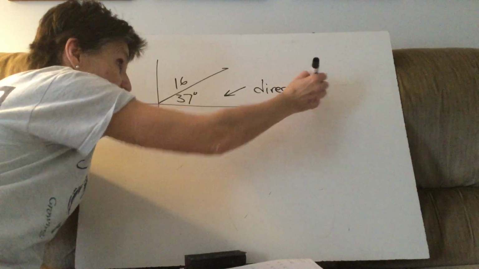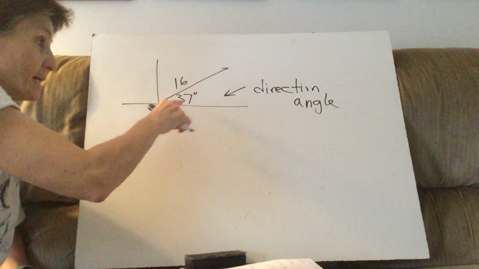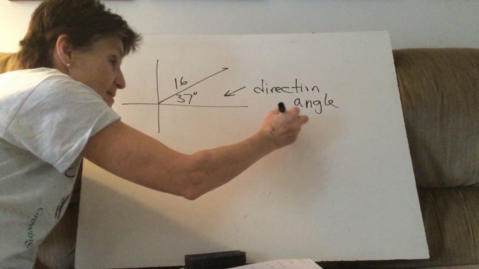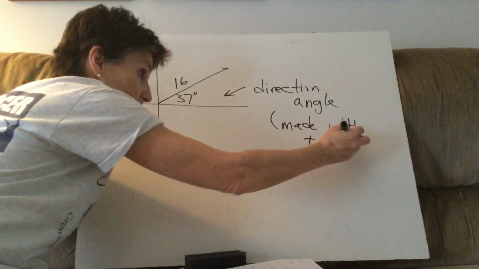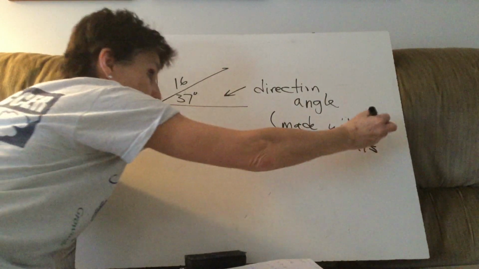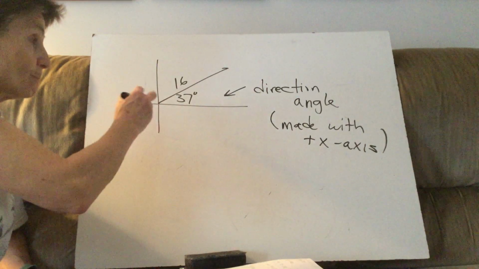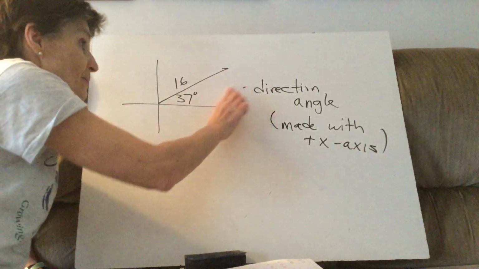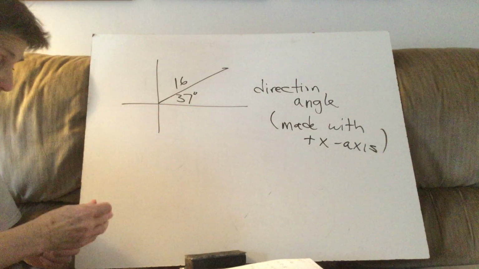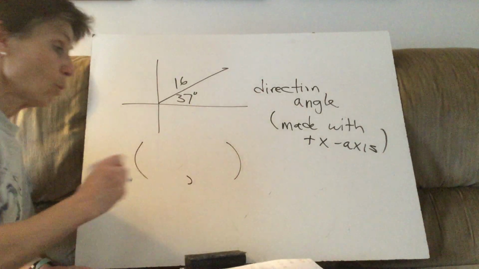That's just a vocabulary word in case that comes up later. So this vector has a magnitude of 16 and a direction angle of 37. And we are going to find its components or its coordinates.